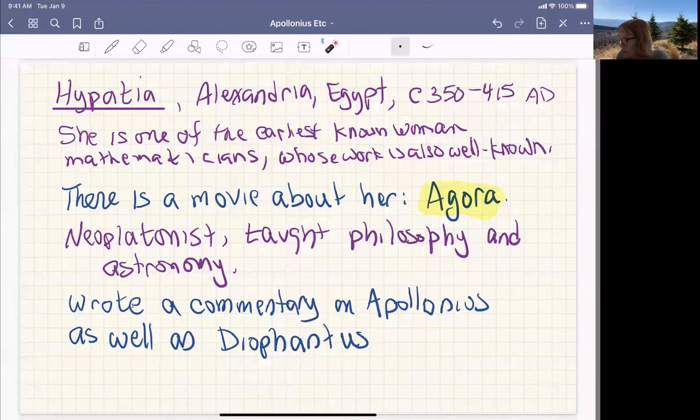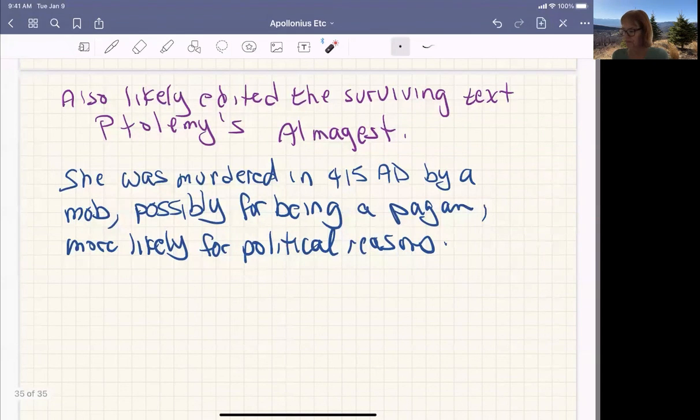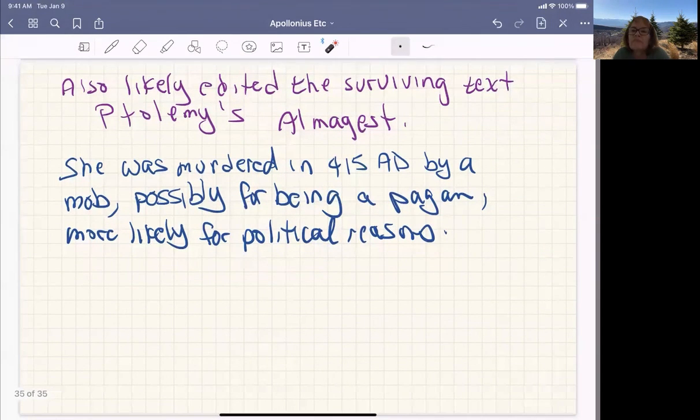She wrote a commentary on Apollonius, and so that was about the conics, for example, as well as Diophantus, so that was the number theory that we just learned about. Now, by the way, her father was also a mathematician, Theon. Now, she also likely edited the surviving text of Ptolemy's Almagest.